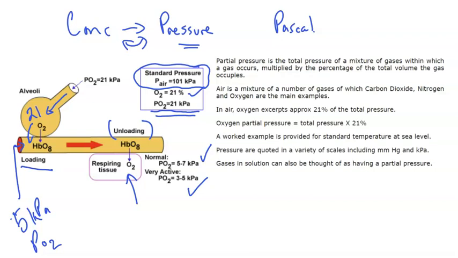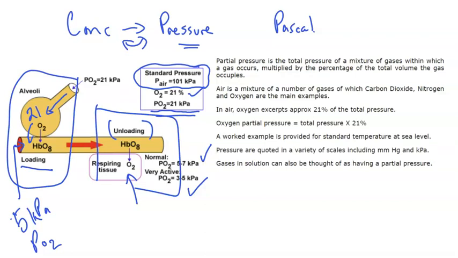So a strong concentration gradient here, a strong pressure gradient there as well. Let's look at this event here, the loading and then perhaps the unloading, in a little bit more detail.